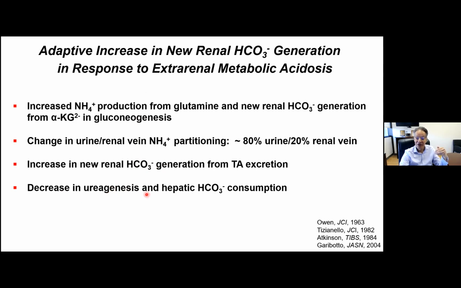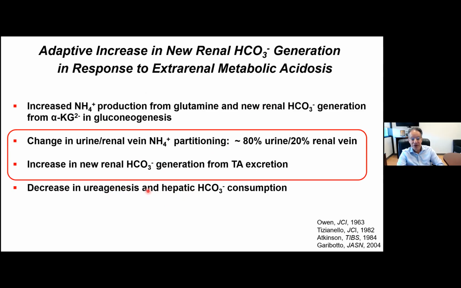And that allows the liver to consume less bicarbonate in the urea cycle. So not only is more bicarbonate being made, less bicarbonate is being wasted in the creation of urea. Now, it's these two processes which don't change normally in distal RTA. And that's the reason for the metabolic acidosis, which we'll show in a minute.